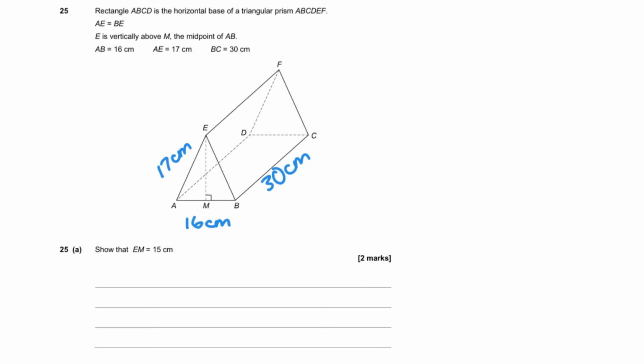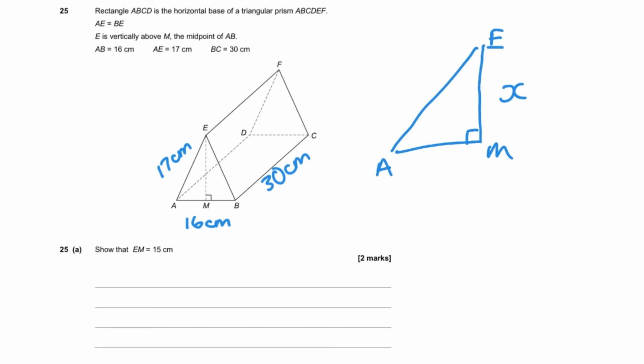The last thing that we've been told is that E is above M, which is the midpoint of AB. So there's a right angle triangle drawn on our diagram, so I'm guessing that we're going to be using Pythagoras. So if we draw out our triangle, we've got E, M and A with a right angle in the middle. So we want to show that x here is 15 centimetres.